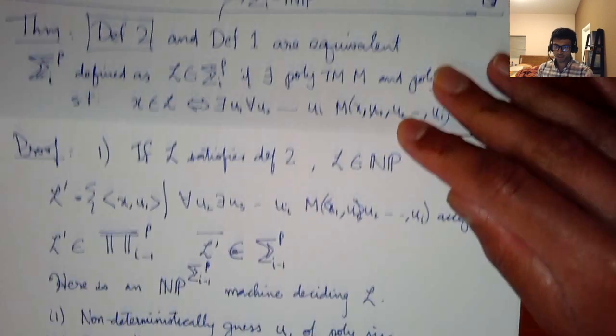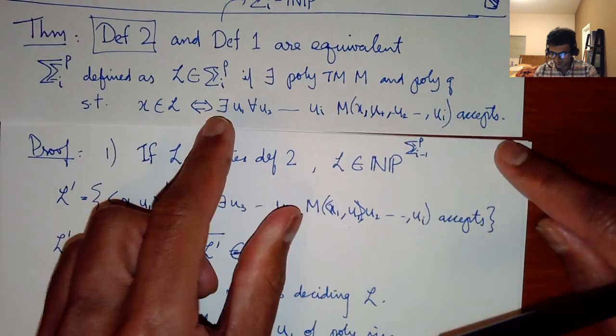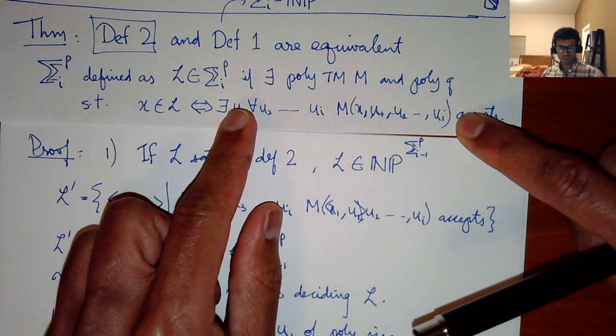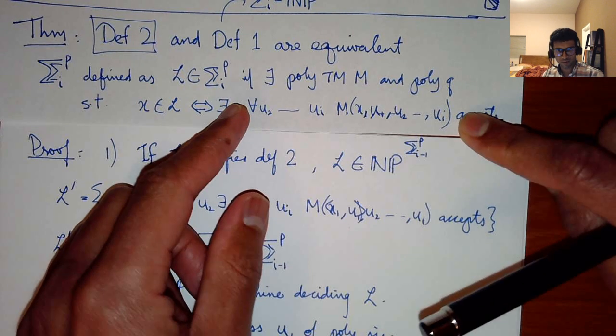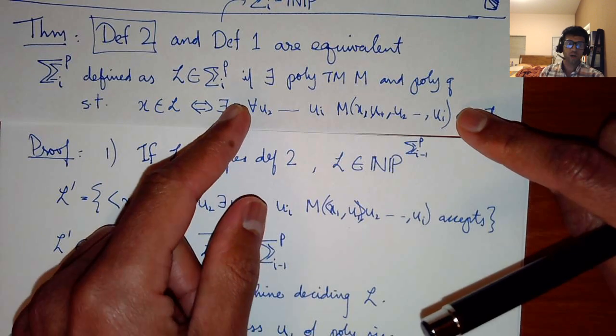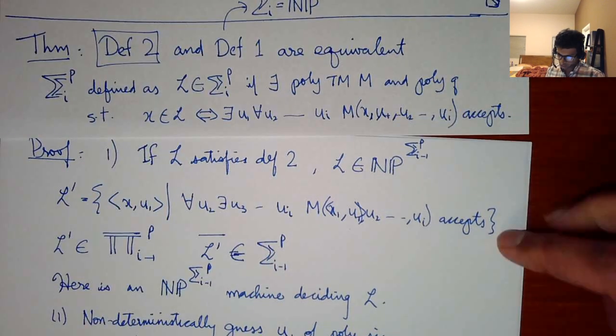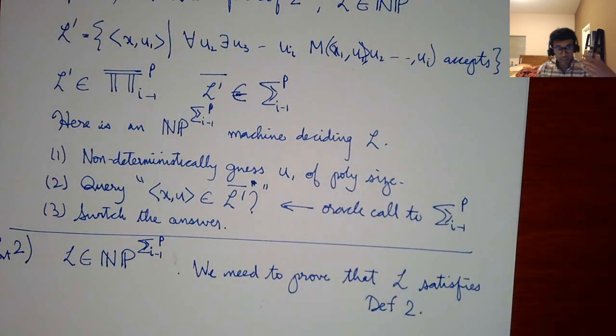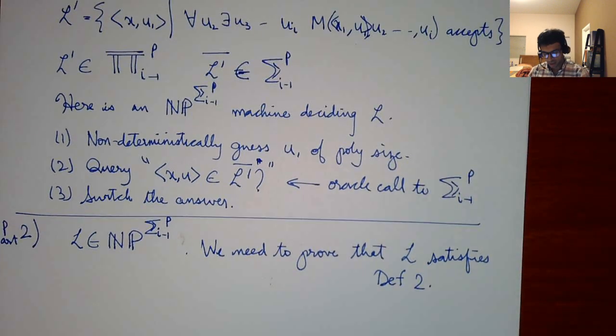If you go back to what definition 2 does, it's kind of like saying that there exists a u1 so that one condition holds. This is like one query to a sigma I minus 1 or a pi I minus 1 language. So this is one query to a pi I minus 1 language. Whereas a machine of this form can make many queries to a sigma I minus 1 language. Does this make sense? Do you see the difficulty in just reversing this proof?